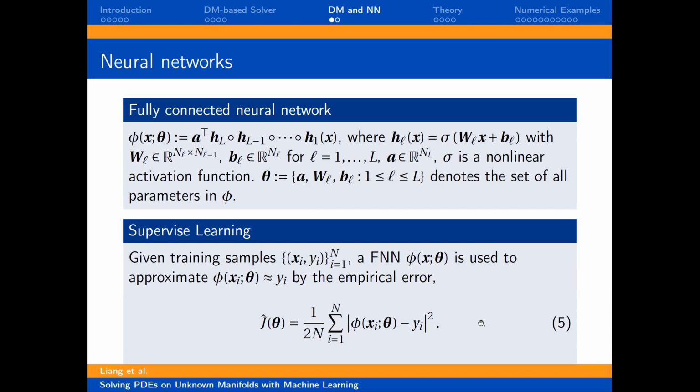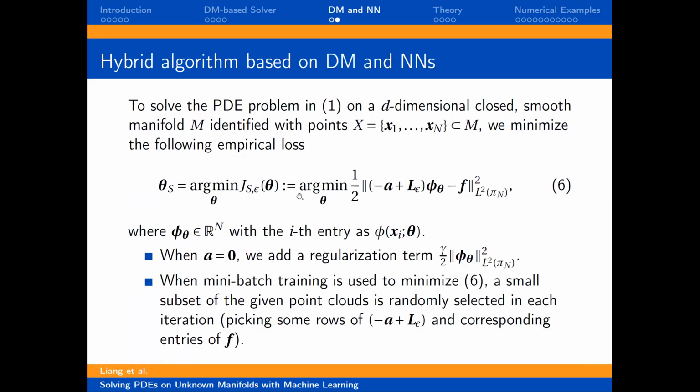The parameters of the neural network can be identified by an optimization algorithm, like Adam or stochastic gradient descent.